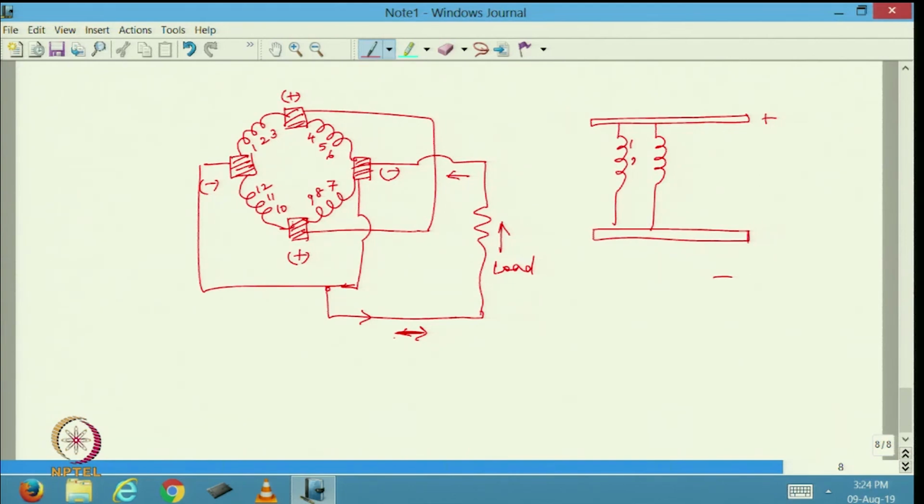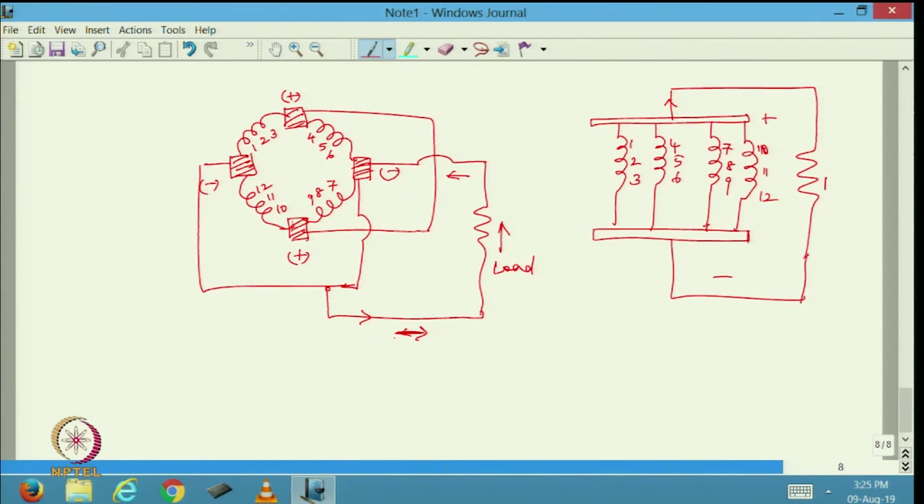So I can say 1, 2, 3, 4, 5, 6, then 7, 8, 9 and 10, 11, 12. It is all connected together. Now, from here the current is going to emanate and I am going to have the resistance connected like this. This is the load, right.